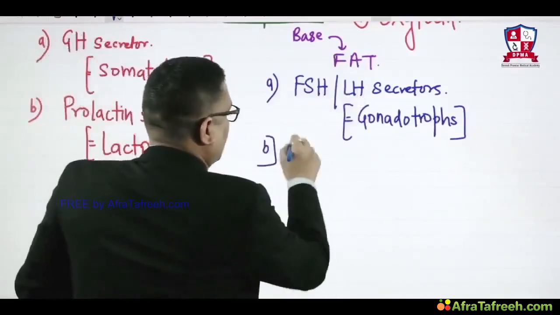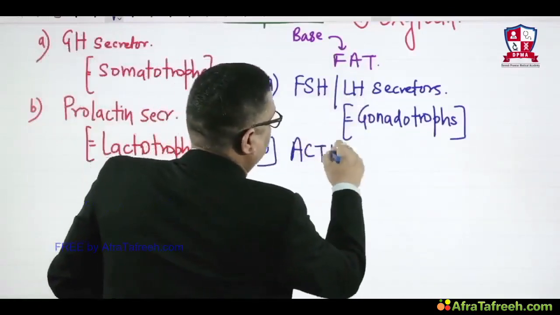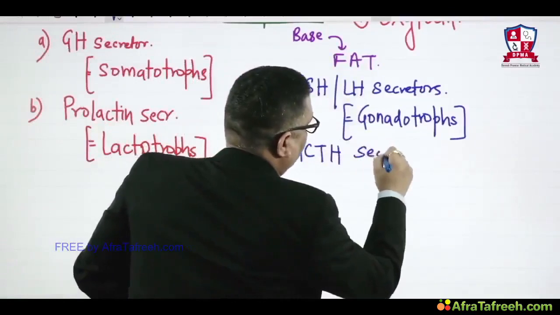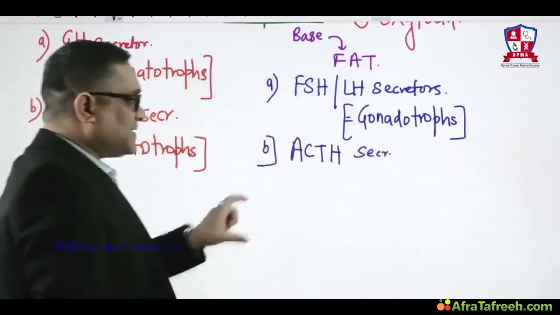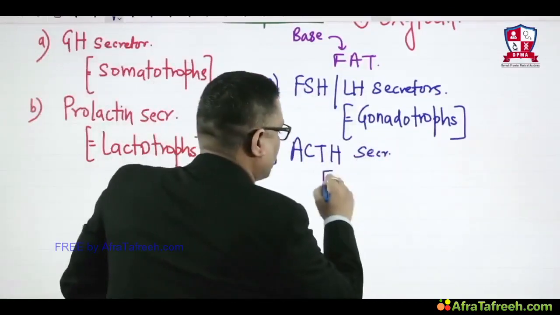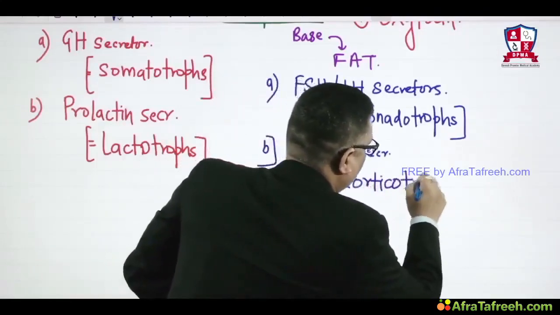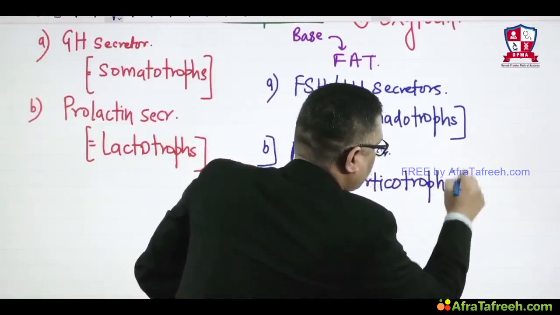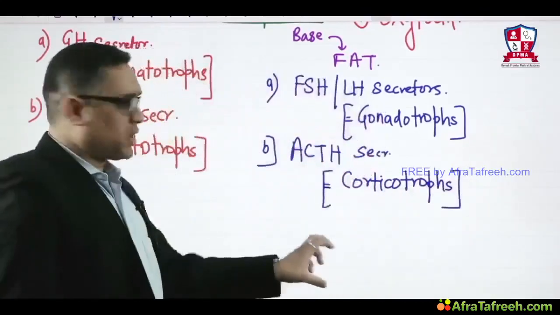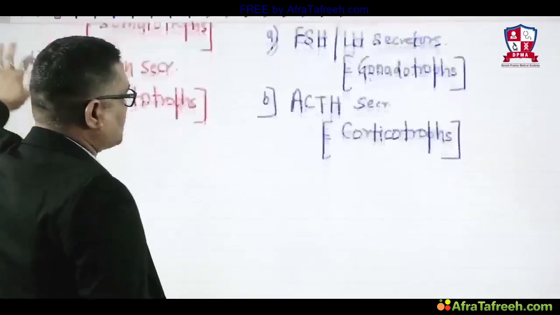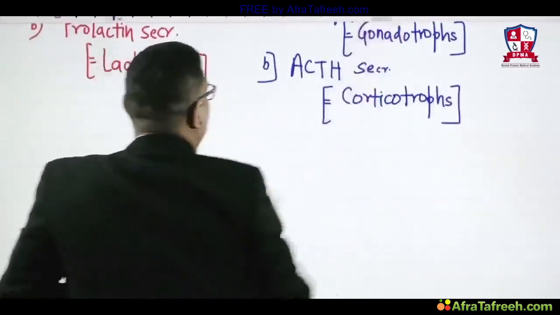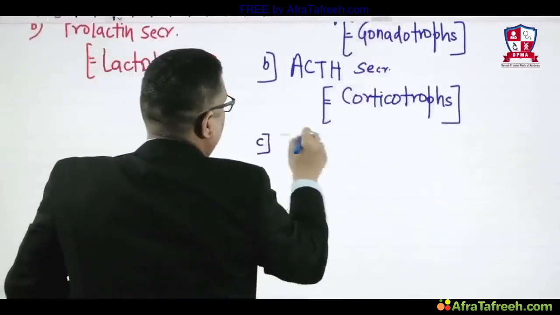Second is ACTH secretors. ACTH secretors are also known as corticotrophs. Then comes T for TSH secretors.